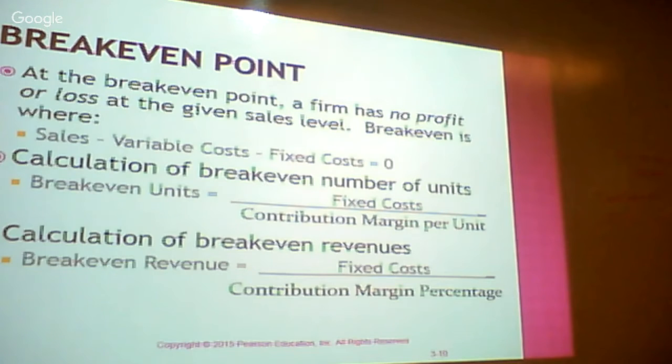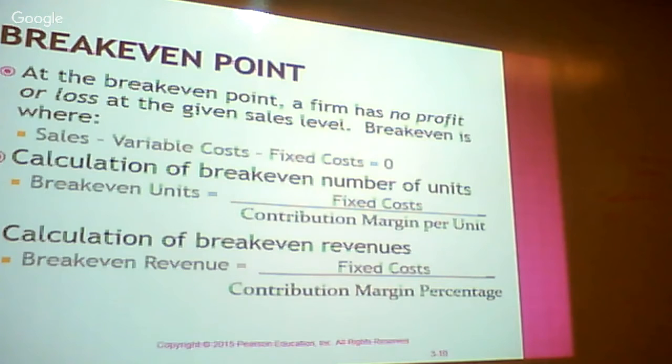That means I would have to do what? 250 units before I made a penny. Anything below 250, that means I lost money, right? Any units after 250 means, guess what? I'm starting to make money. 251, I start to make some money.